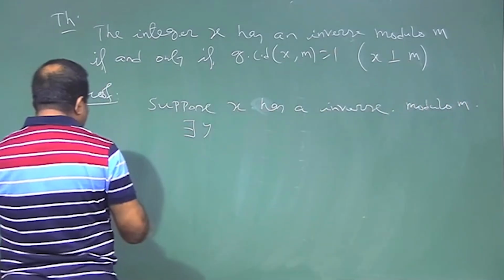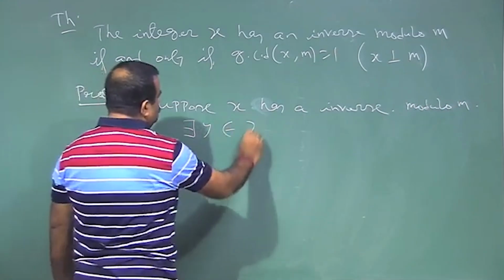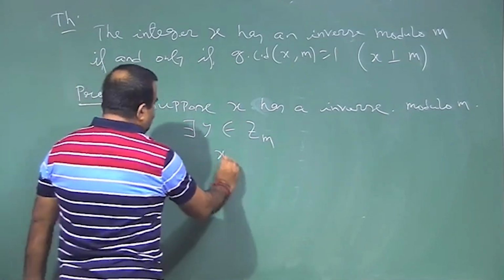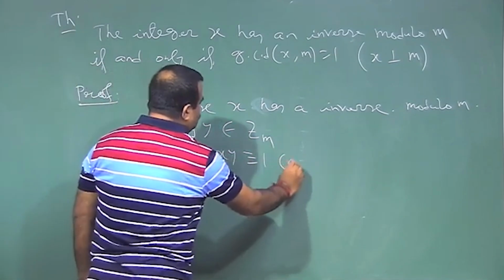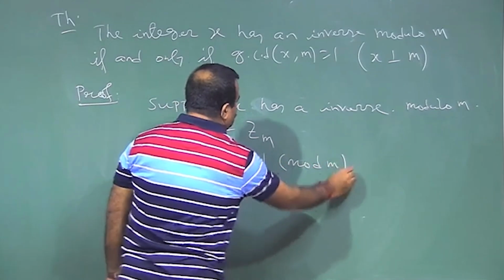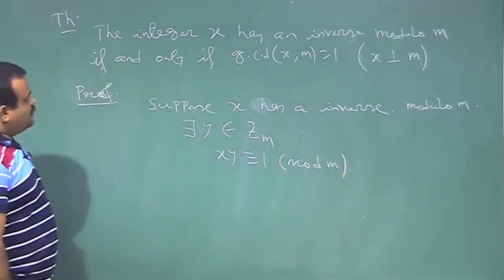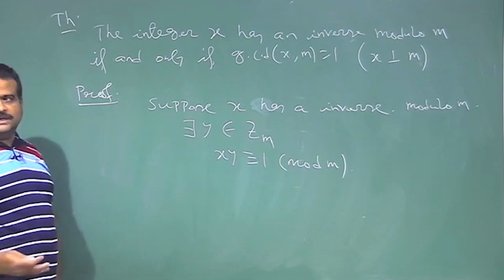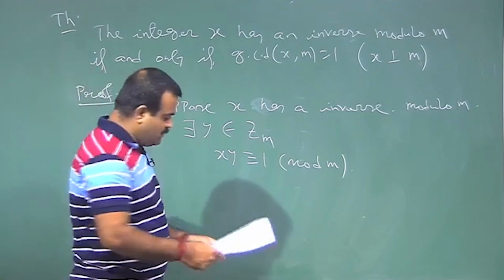That means there exists a y belonging to Zm such that xy is congruent to 1 mod m. We have to prove that the GCD of x and m is 1, that means x and m are relatively prime.